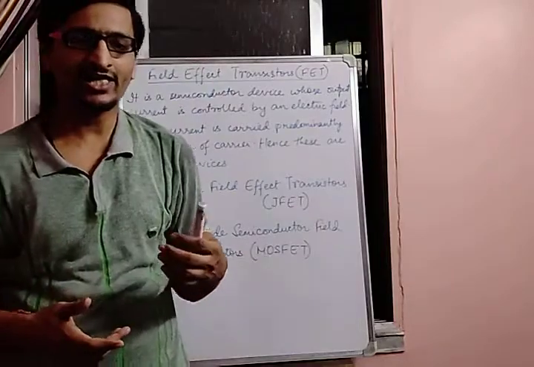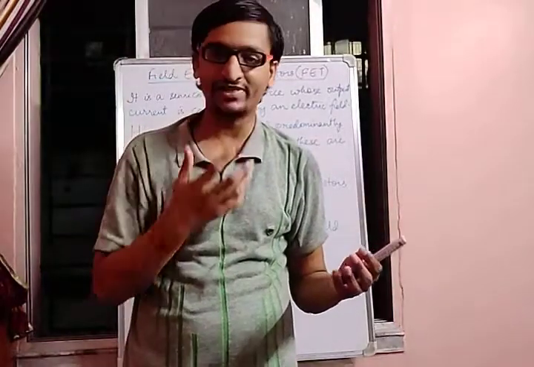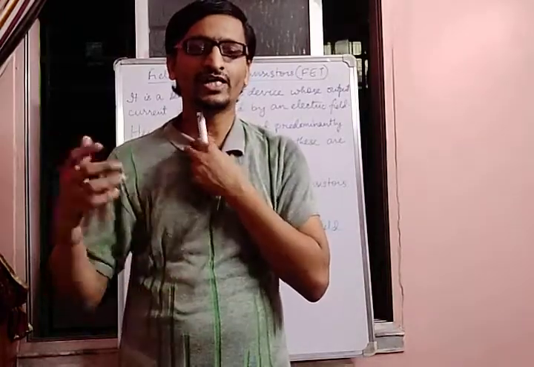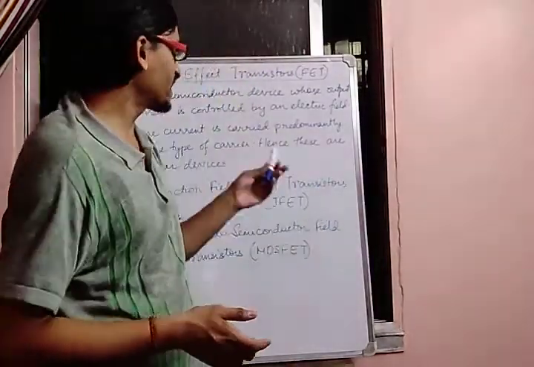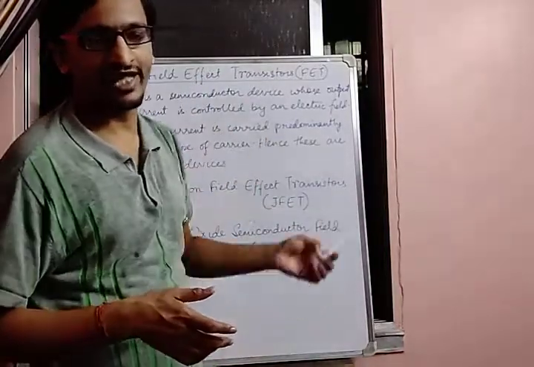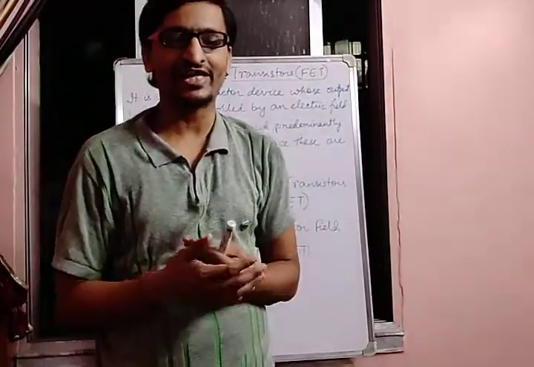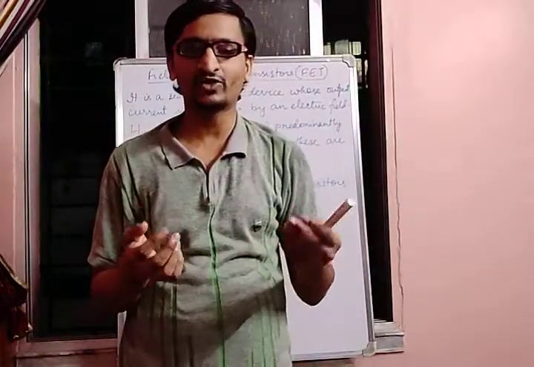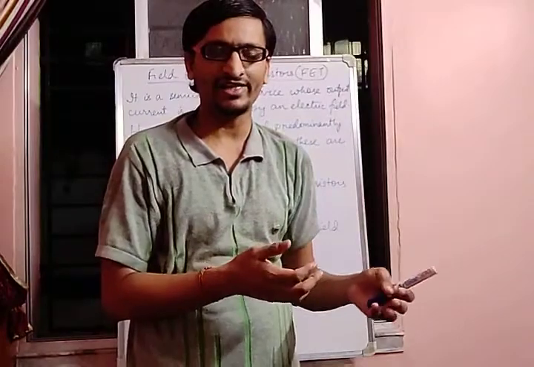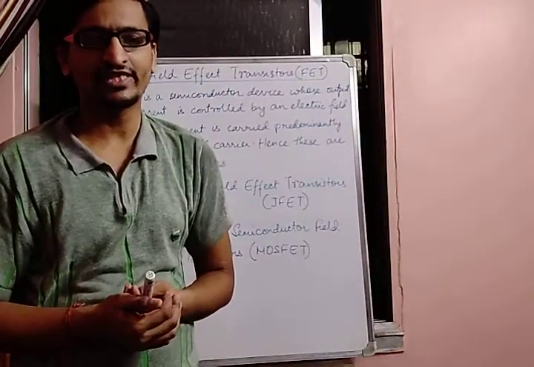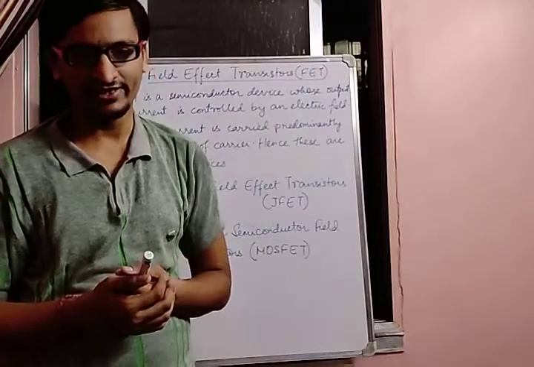Unlike a bipolar junction transistor, or BJT, in which the output current was controlled by the base current, in this case the output current is controlled by an electric field, and this electric field is generated by the application of a voltage. So we can say that the BJT was a current control device. On the other hand, field effect transistors are voltage control devices.